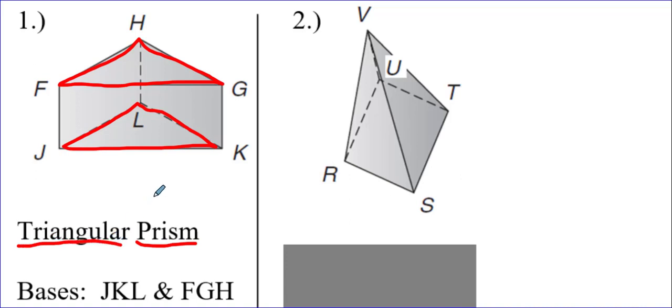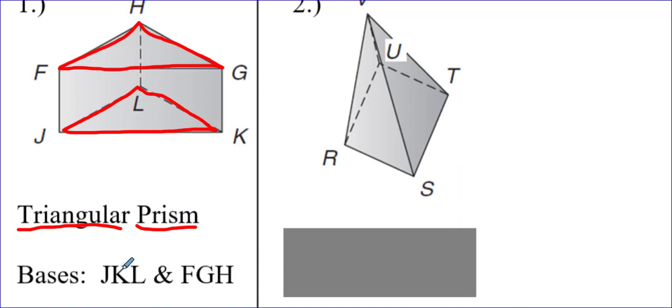The other reason why we know number one is a prism is because between these two triangles, we have three rectangles, the big one in the front and the two that are in the back, and that can only exist with prisms. A pyramid could never have more than one rectangle, and that's only if the base would be a rectangle. With a pyramid, the other faces are always triangles. So there you go. Those are the reasons why number one is a triangular prism.